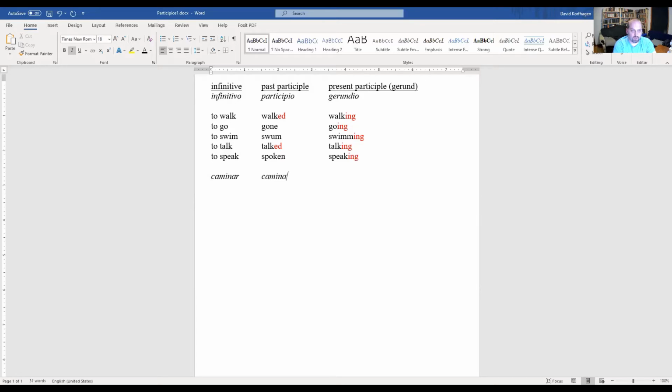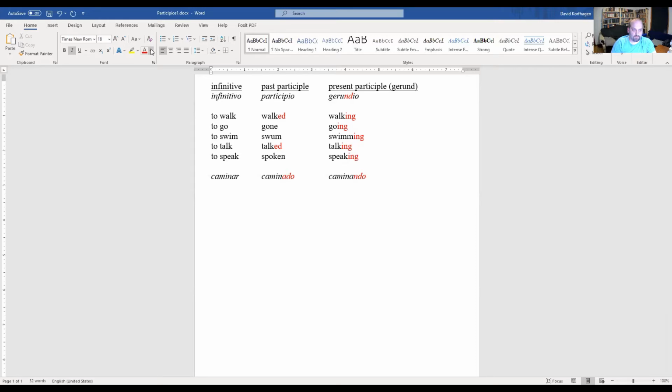So caminado, right? And then the gerund, gerundio, the present participle, is going to be caminando. So notice that NDO is equivalent to the English ING. And it's nice because in the word gerundio, or in gerund, we see that ND right in there, right? That kind of makes it a little bit easier to remember.